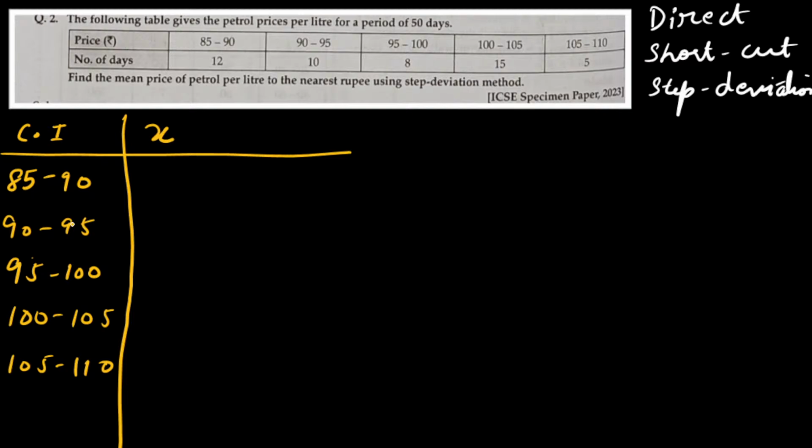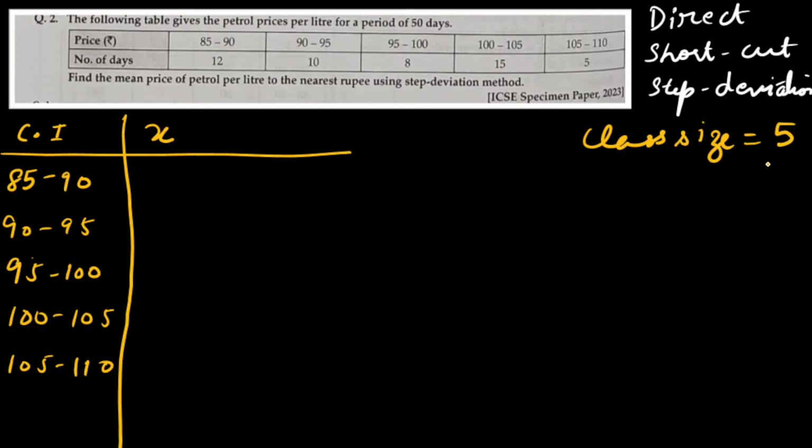When intervals are continuous, we can directly find the class mark. How to find the class mark? First of all, you have to understand what the class size is. Class size is the difference of the upper limit and lower limit, like 90 minus 85, 95 minus 90, 100 minus 95, 105 minus 100, 110 minus 105. So you can find the class size.